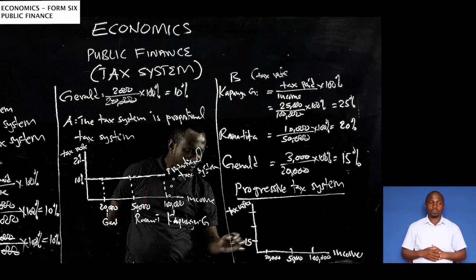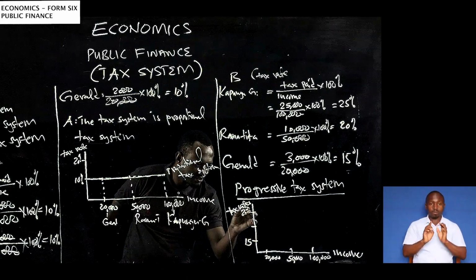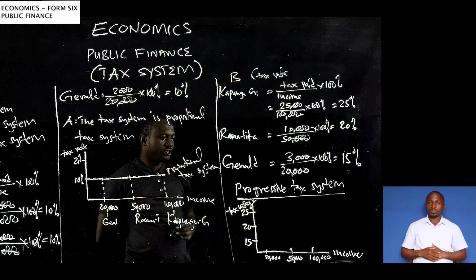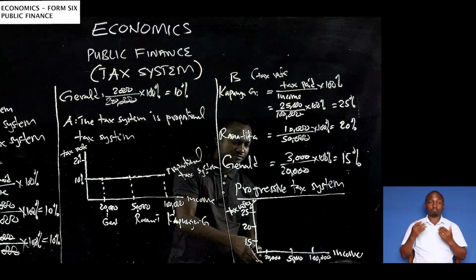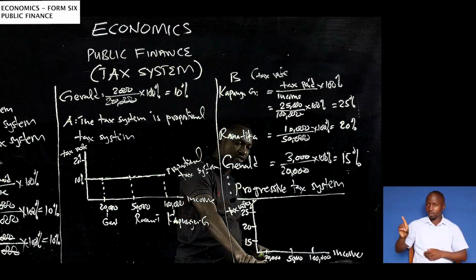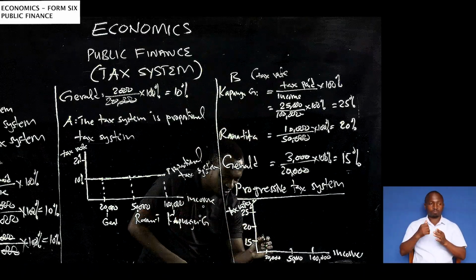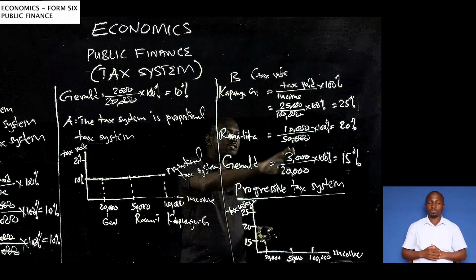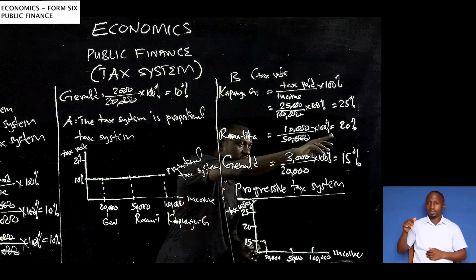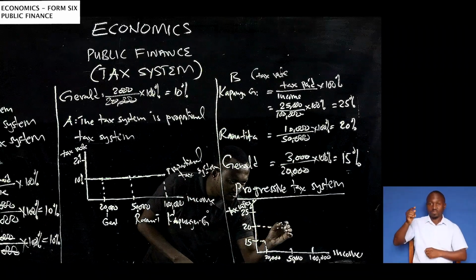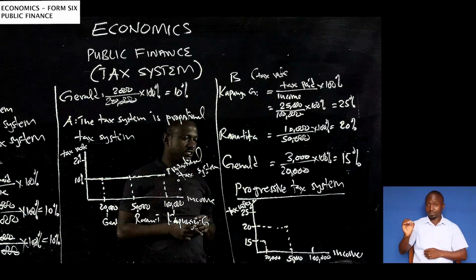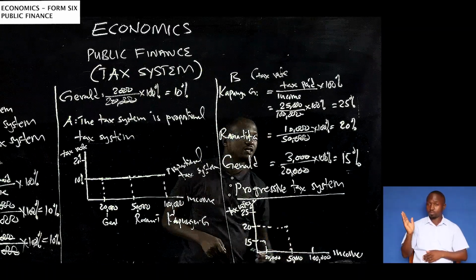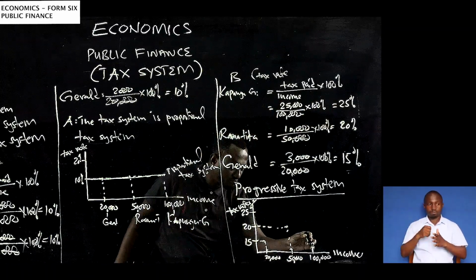The low is, the high is, and we have 20 tax rate. So Gerard with 20,000 is charged 15 here. Ramatita with 50,000 is charged 20 tax rate here, while Mr. Kapungu G with 100,000 here is charged 25% of tax.